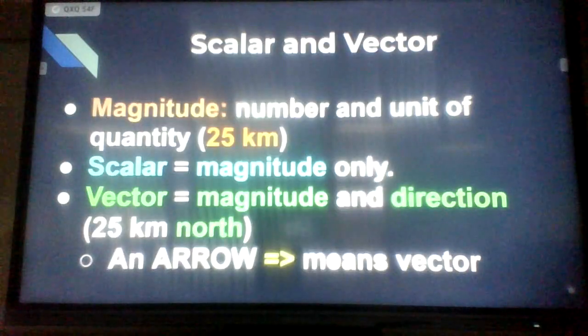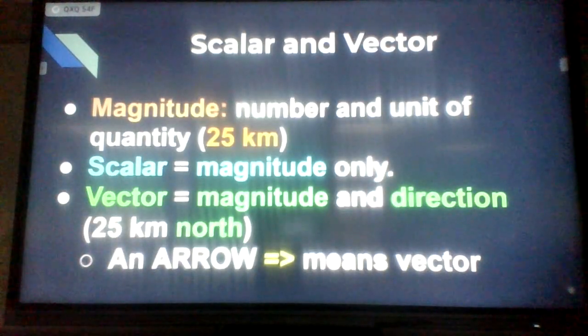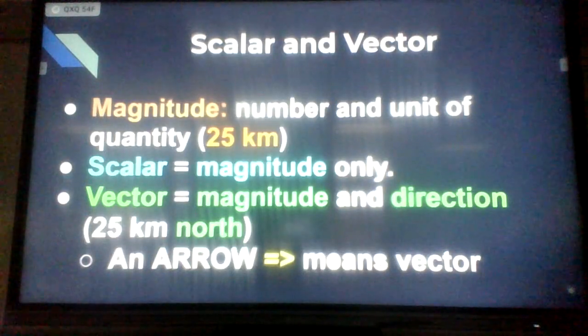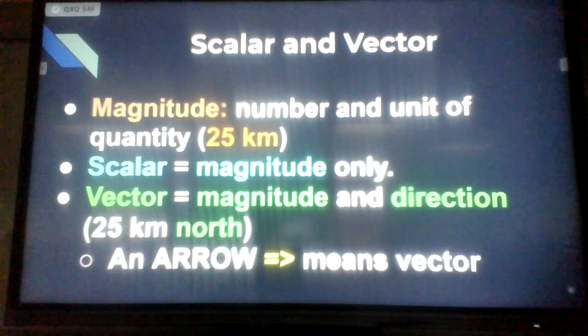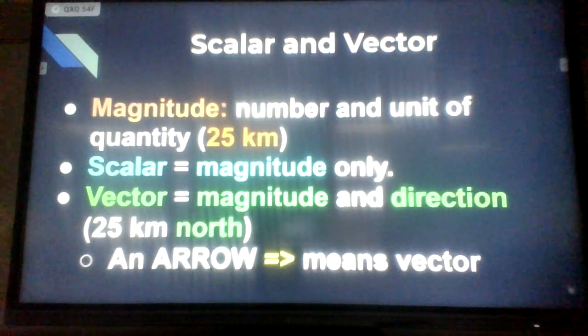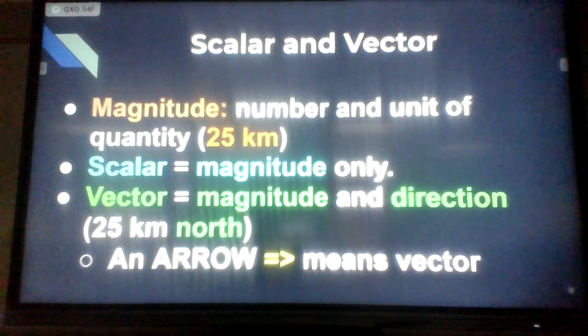Speed is a scalar and velocity is a vector, and a vector has direction. And we indicate a vector by using an arrow. So if you see an arrow above a quantity, that means that quantity has a direction, and that quantity is a vector. Most of the quantities we'll deal with in these physics units are vectors because they include direction.